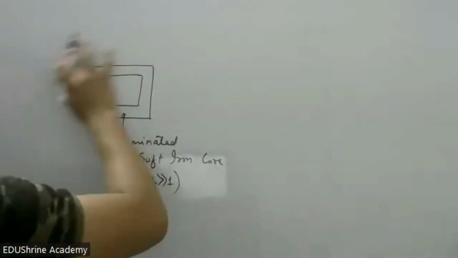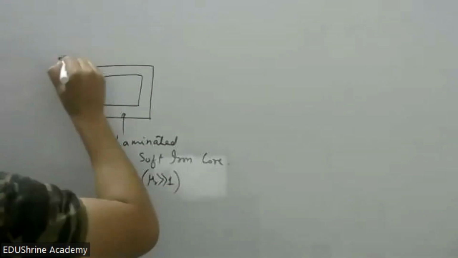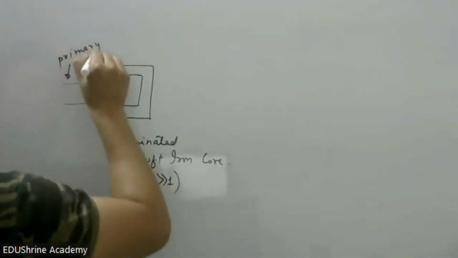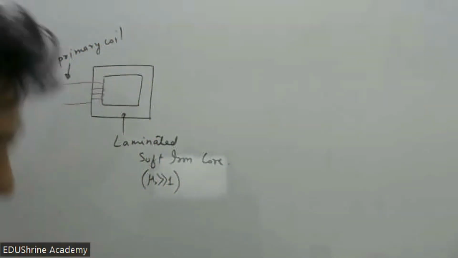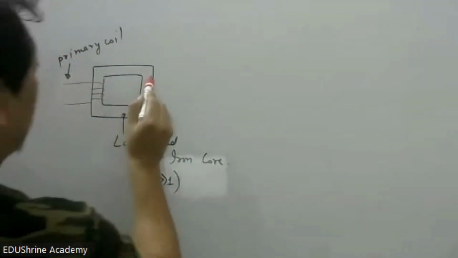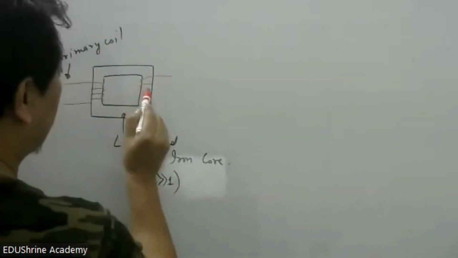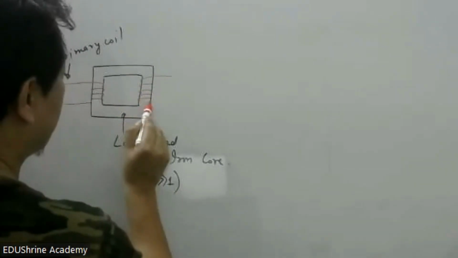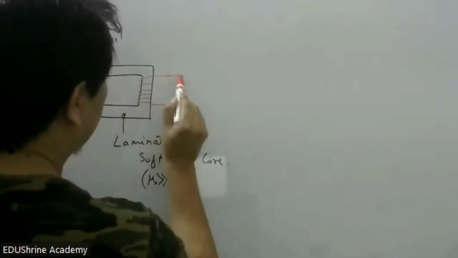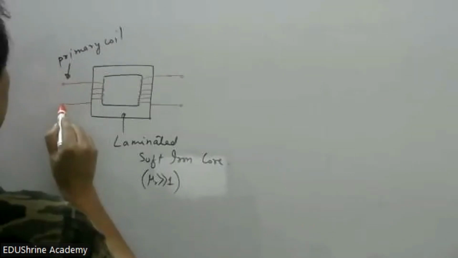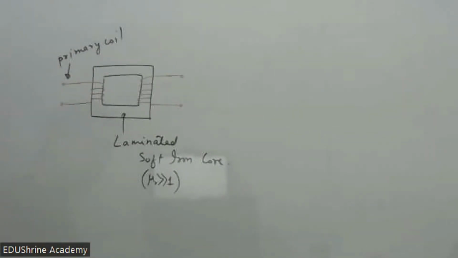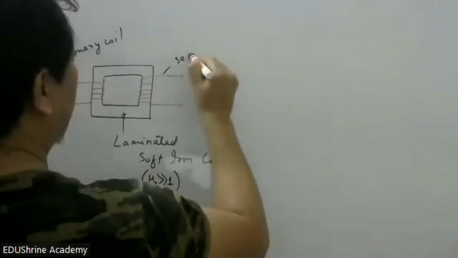Let me use color black only. So this is your primary coil. And here we wind wires with different number of turns. Okay. So this is called your secondary coil.